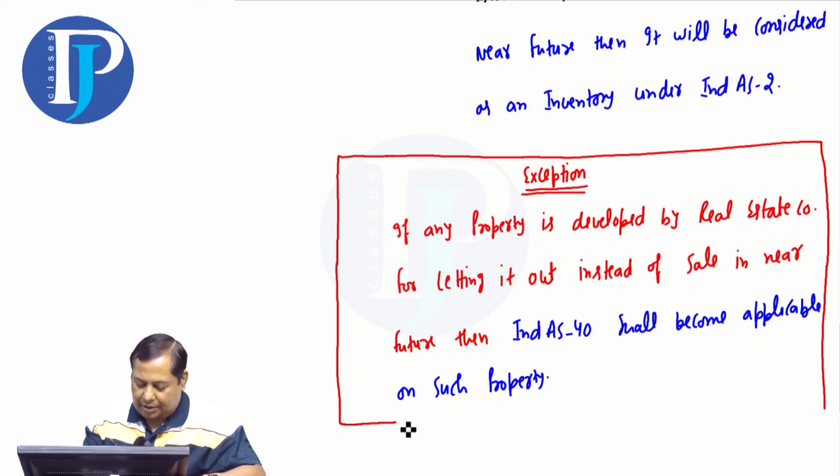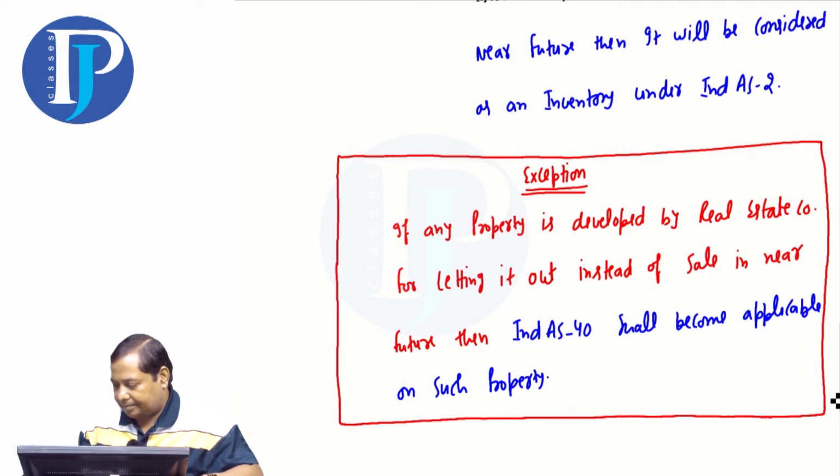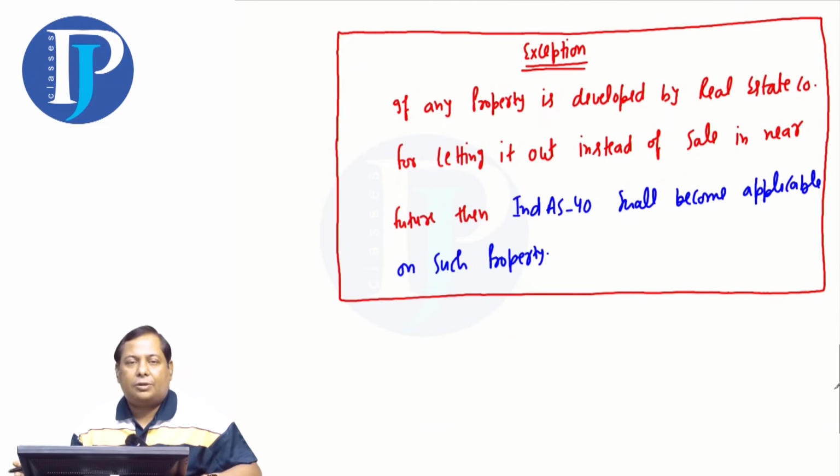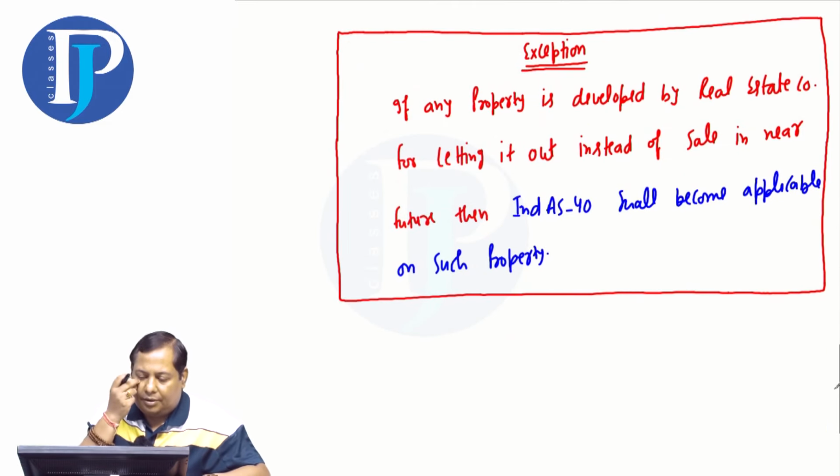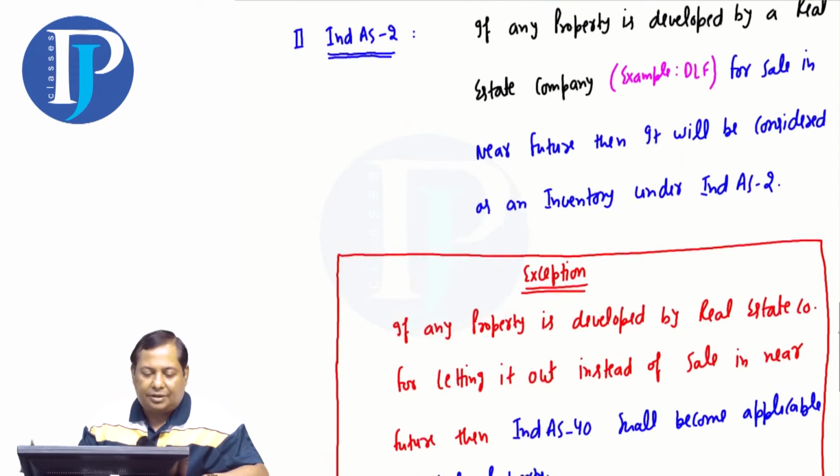And then we will have to see what the objective here is. If the objective is to sell, then it's a different Ind AS, and a different Ind AS if you want to rent it out. It is all about intention.